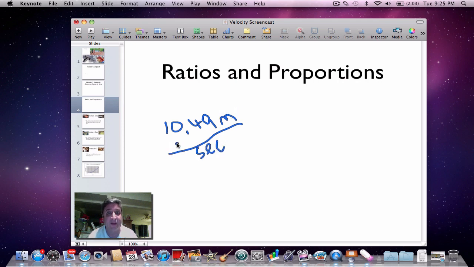It's that divided, so it's meters per second. For every second, I go 10.49 meters. If I say that I can eat 20 hot dogs per minute, that is, I can do 20 hot dogs eating for every 1 minute.